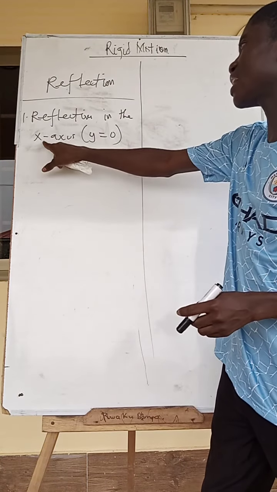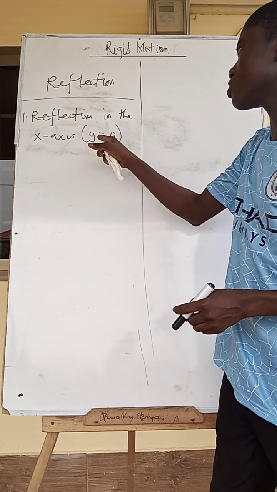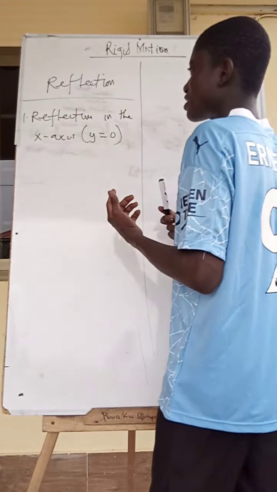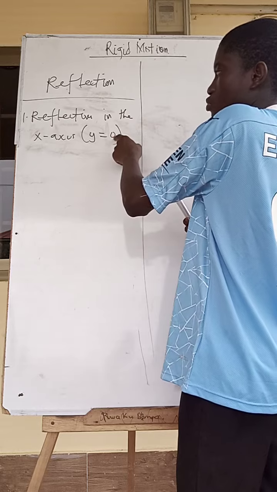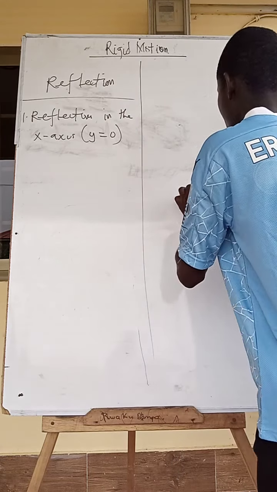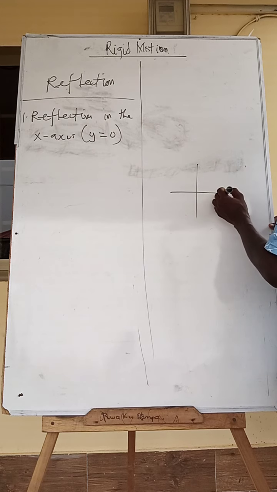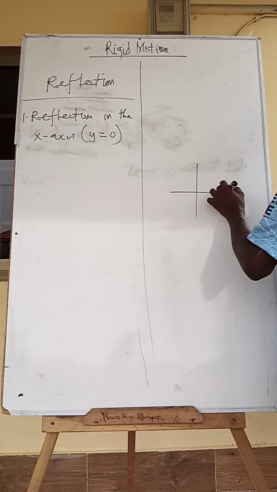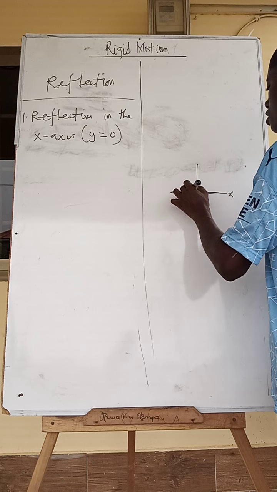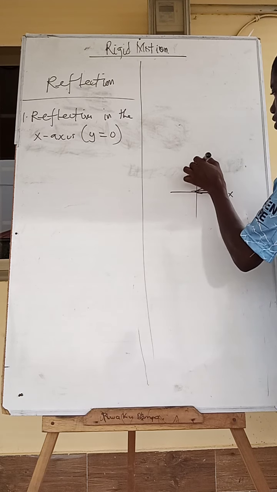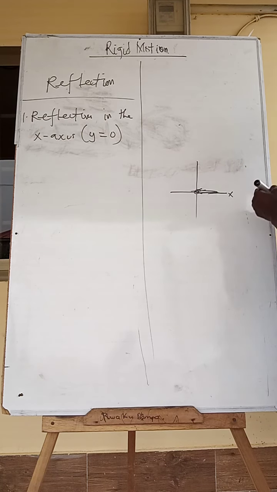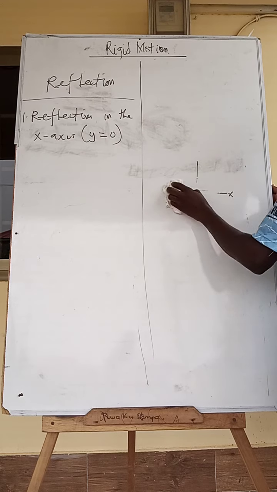If you have reflection in the line x-axis, we know that at x-intercept y is 0. So if I draw a Cartesian plane, here I'm indicating the x-intercept. This is the line where the x is meeting the y. See this side here, the value for y here would be 0. So at x-intercept y is 0.